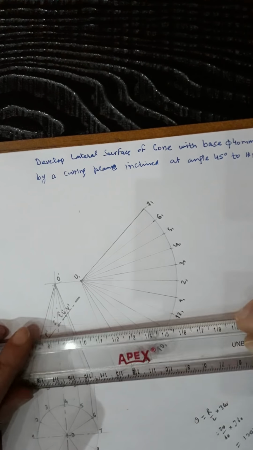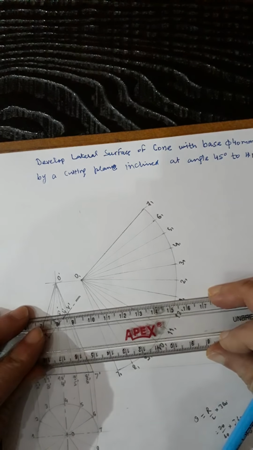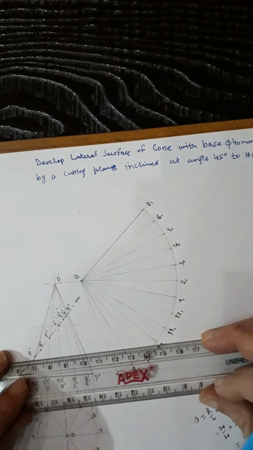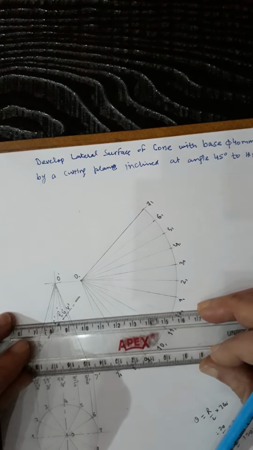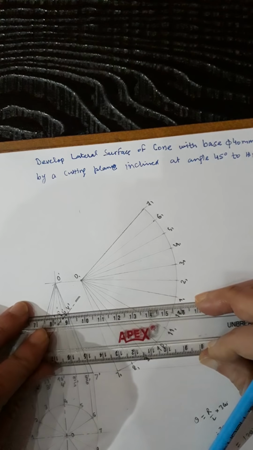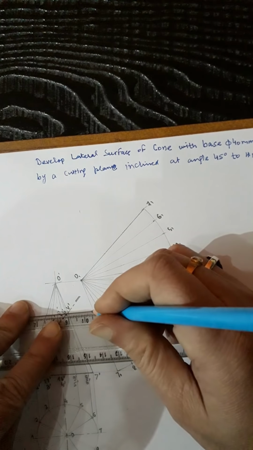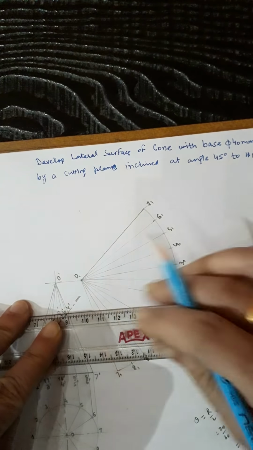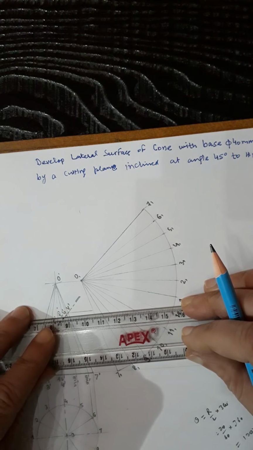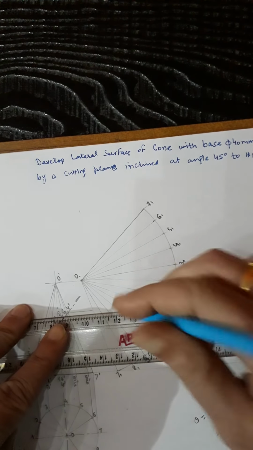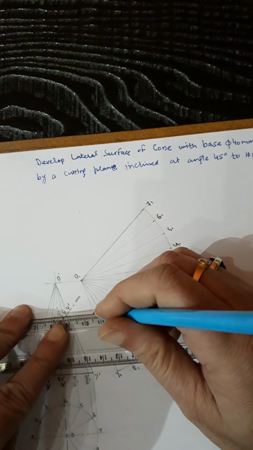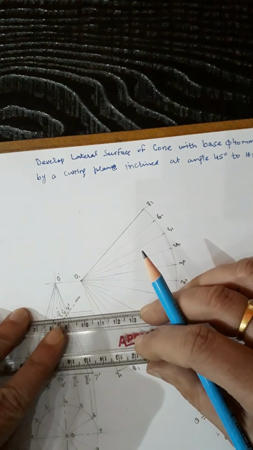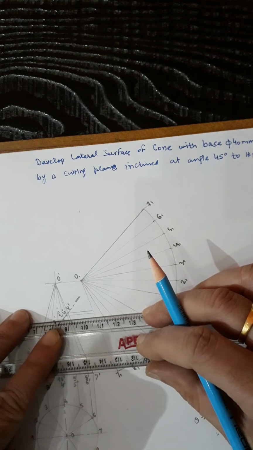Now you can draw horizontal lines through these points. Now you can take P, Q, R, S, T, U, V. I'll be drawing the horizontal lines first through V, and then U. It should be thin lines up to this slant parallel edge, this O7, up to this only.